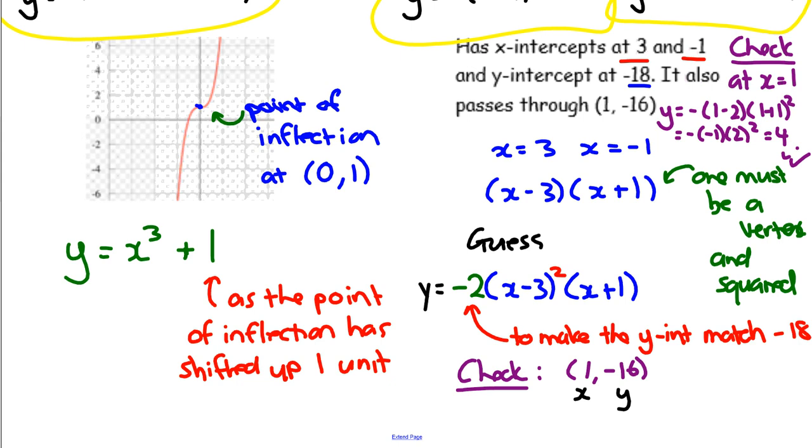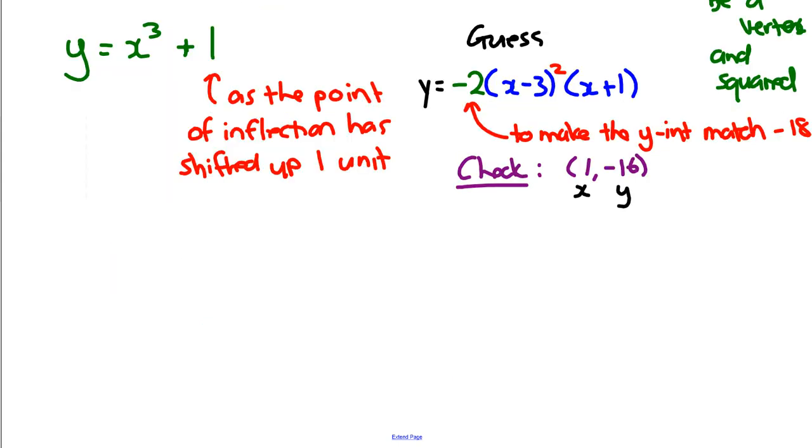So negative 16 equals, according to this, negative 2, open brackets, x is 1 in this case, 1 minus 3 squared, and then 1 plus 1. No square on that one.